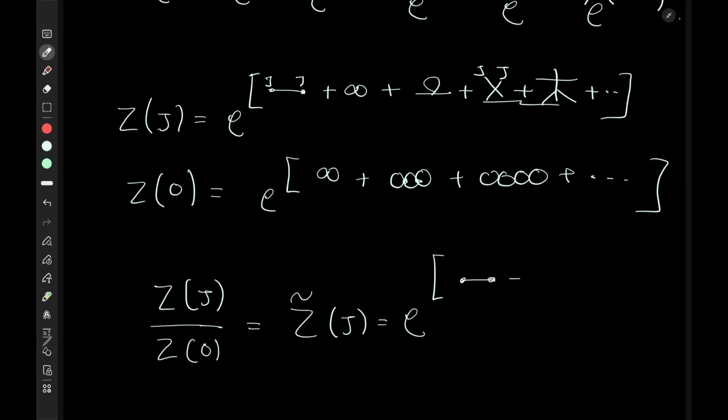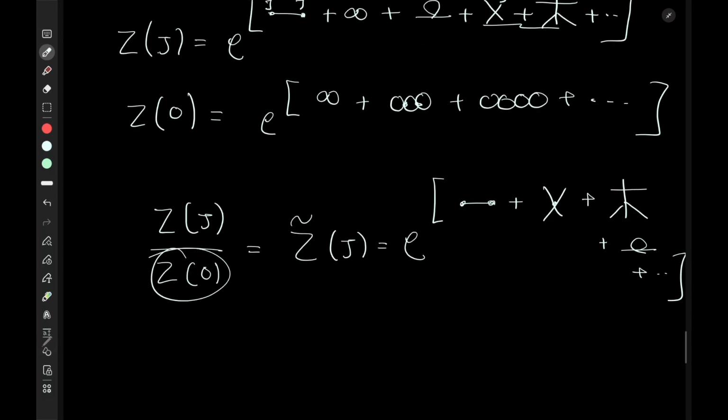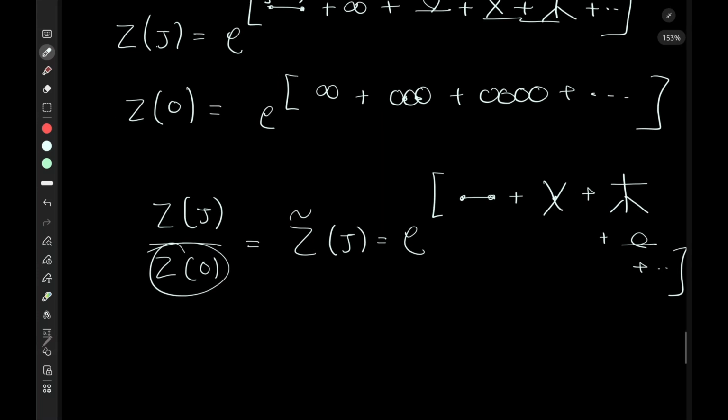They only have sources in them, like this one or like this one, or like this one, and so on. All the ones with bubbles in them are gone, they have been normalized.